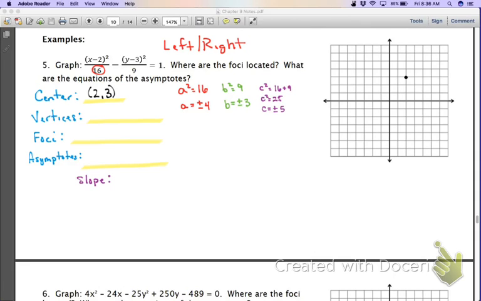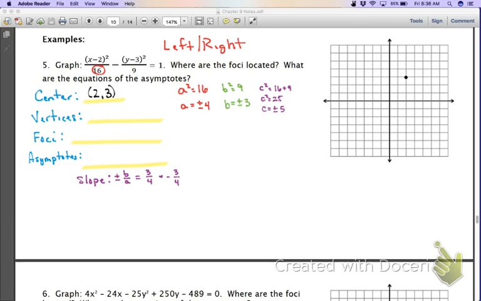What's going to go on top? The number that's always associated with which one? The y value, right? So in this case, it's going to be plus or minus b over a. So I'm going to have two slopes. I'm going to have a positive 3 over 4, and a negative 3 over 4.